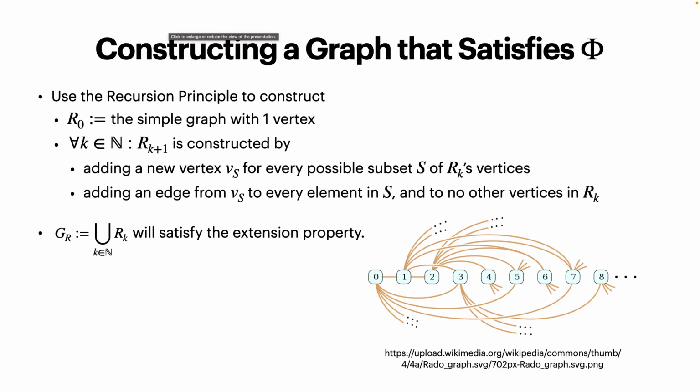And the resulting graph will satisfy the extension property. This process is known as the Janssen-Savini process. And here's an image stolen from Wikipedia that gives you an idea of how an infinite random graph will look.